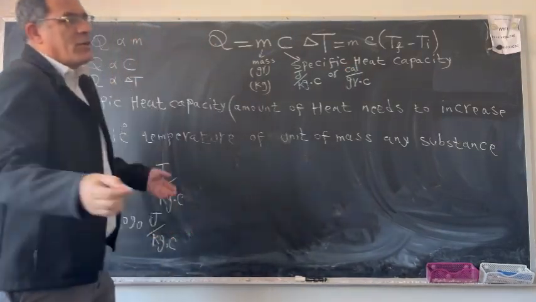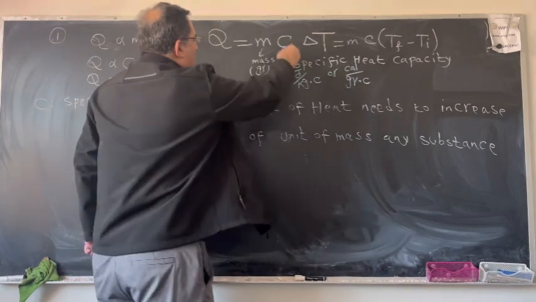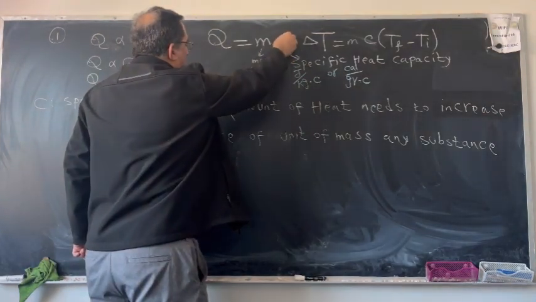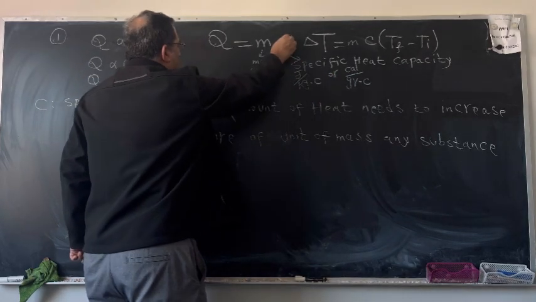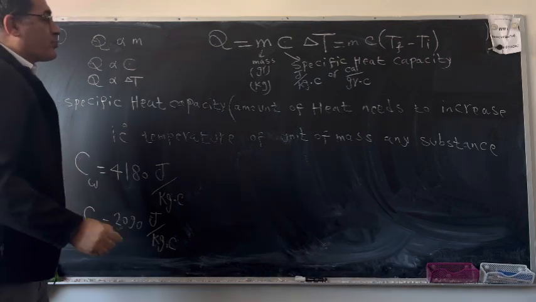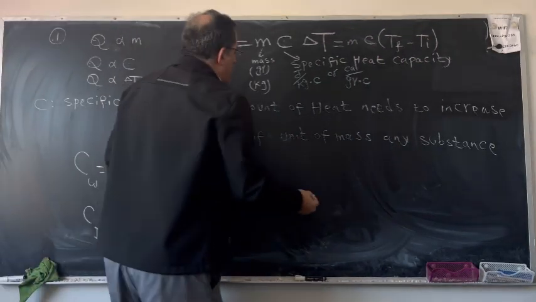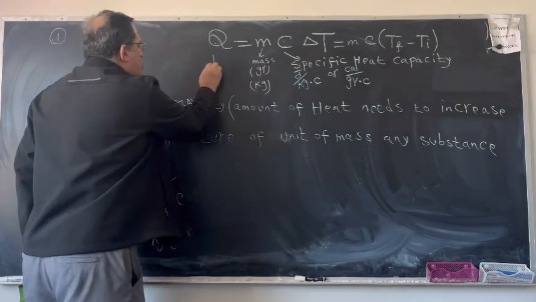You can write it in terms of grams or kilojoules. If the unit of specific heat capacity of any substance is joule per kilogram times centigrade, the unit of heat is joules.